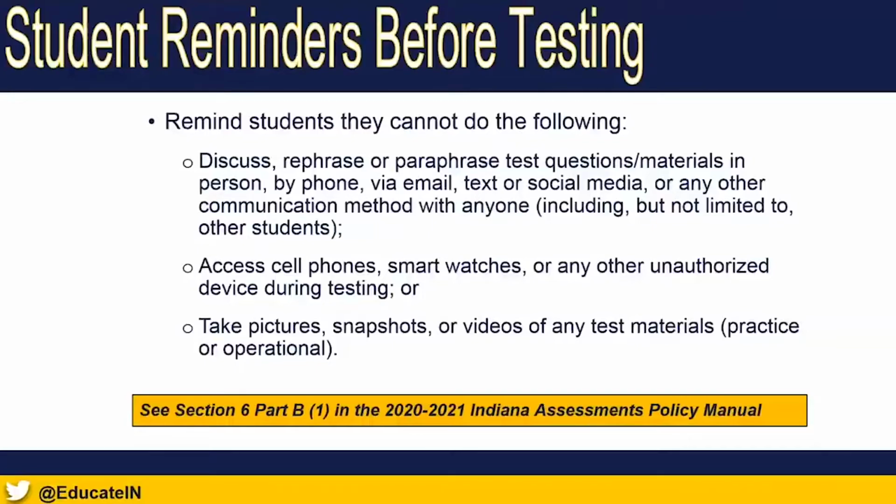Access cell phones, smartwatches, or any other unauthorized device during testing, or take pictures, snapshots, or videos of any test materials, practice, or operational. Please review the Indiana Assessments Policy Manual for more details.